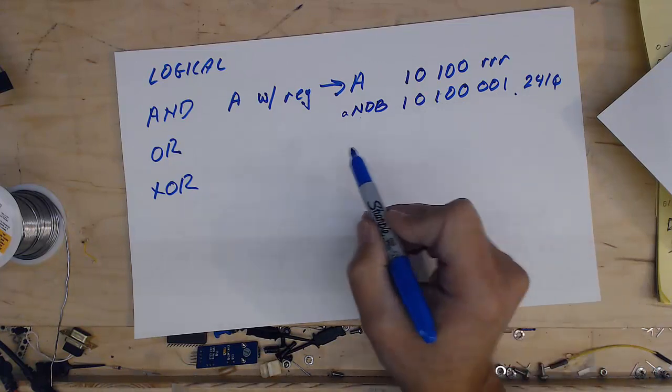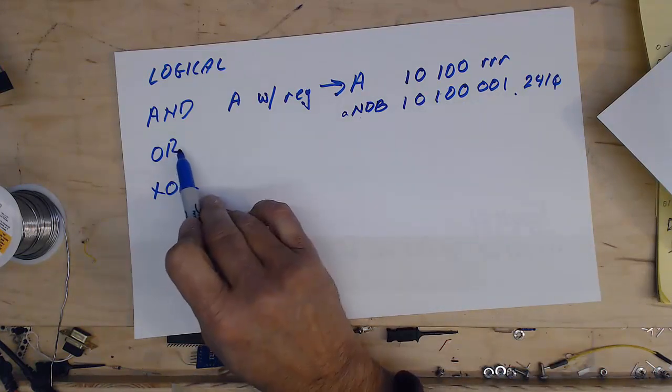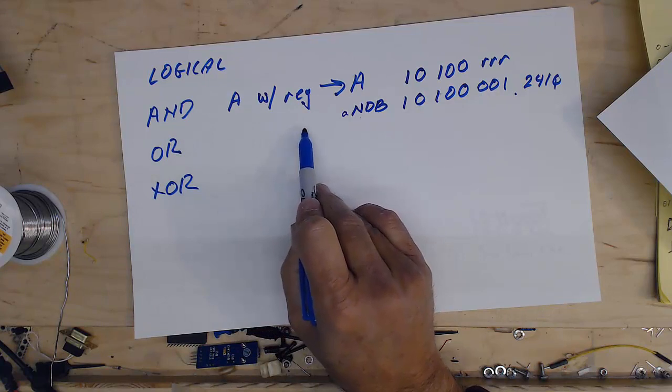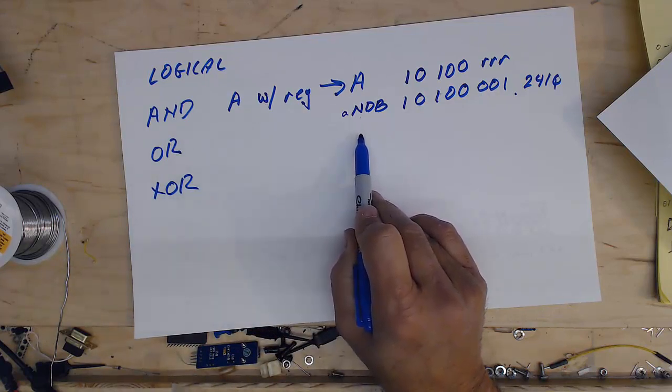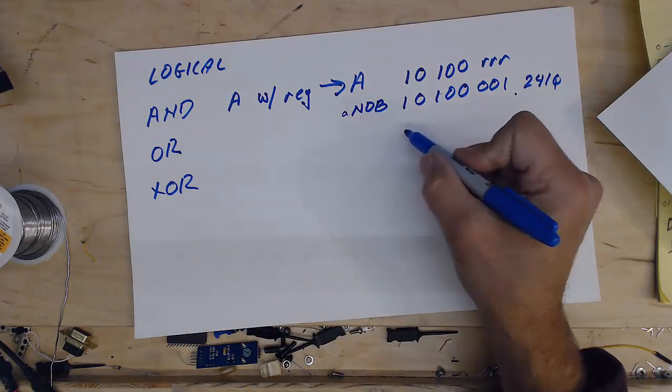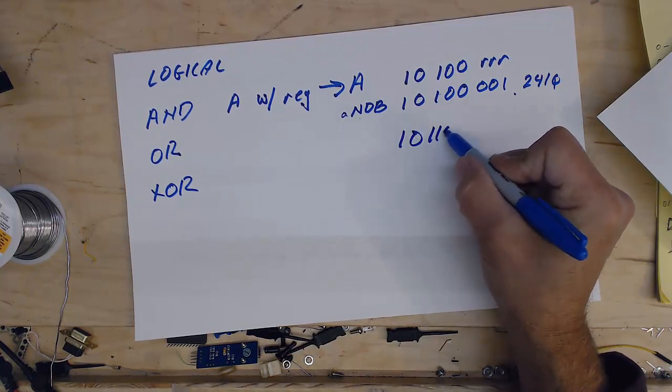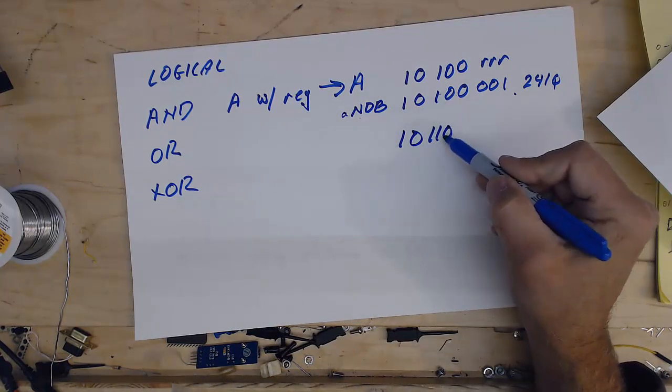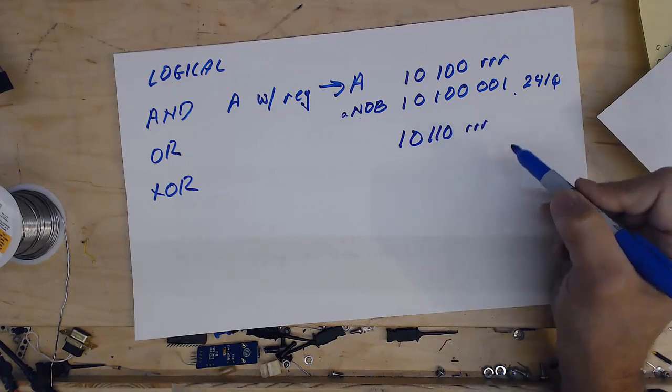Or, so if we're going to OR A with a register and put the answer in A, an OR is going to be a 1, 0, 1, 1, 0. So this is an AND, that's an OR, register, register, register.